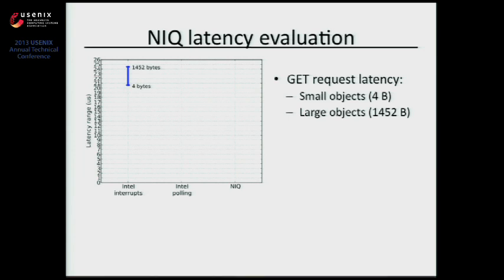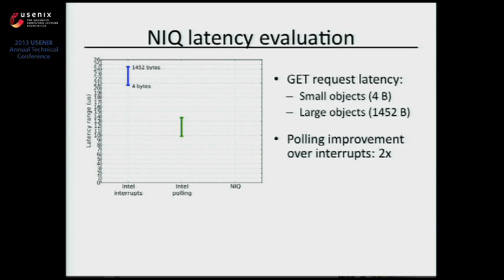Then we went ahead and ran the same experiment on the same Intel card, but now we used polling, and we got about 2x improvement. Now, there are two things important here. One, as I mentioned, this was a round-trip measurement, so there are actually two interrupts in the interrupt case, two receiving critical path interrupts.